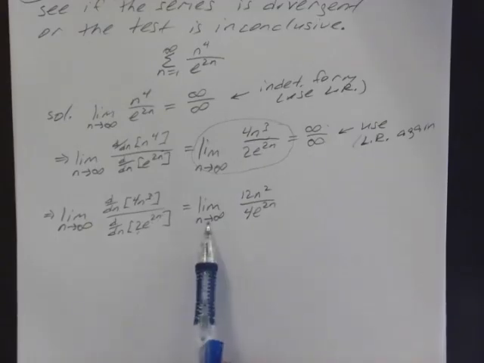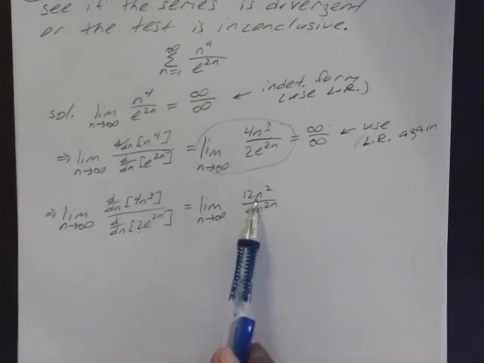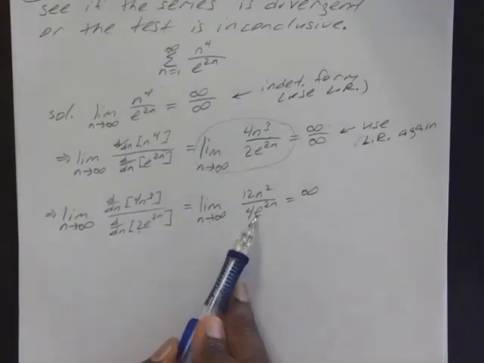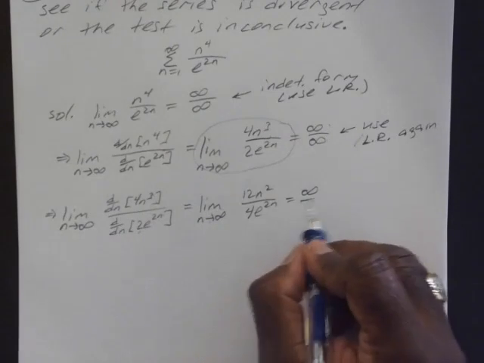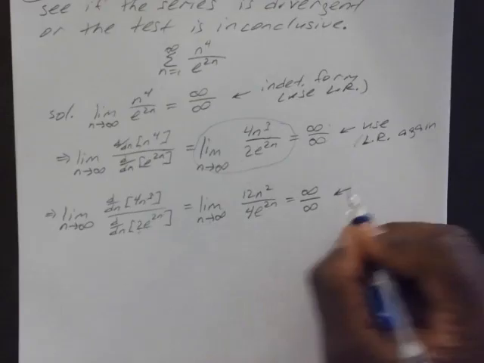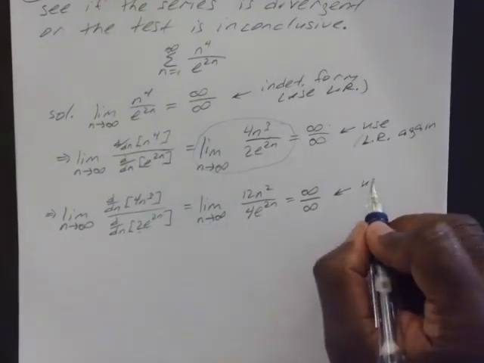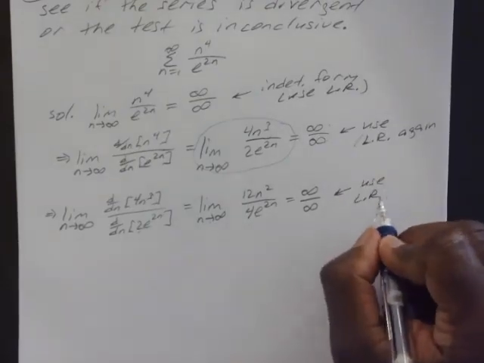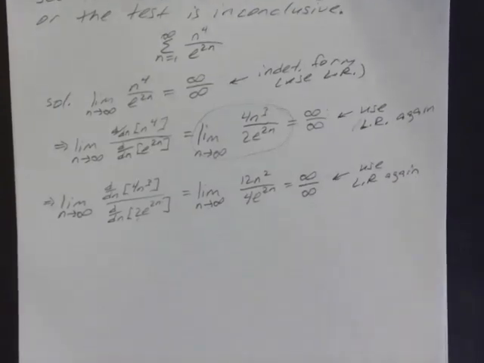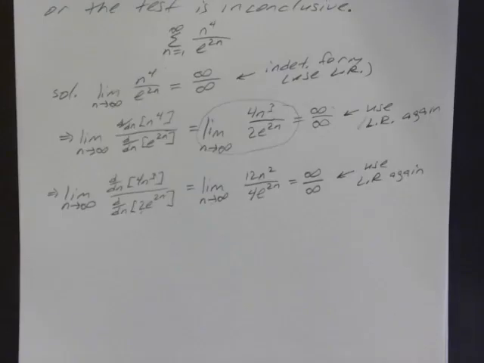And we can see that if we keep plugging in bigger and bigger numbers, the numerator approaches infinity. Same thing with our denominator, it just gets closer and closer to infinity. So it's an indeterminate form again. So we have to use L'Hopital's rule again. Keep using it until we eventually do not end up with an indeterminate form.